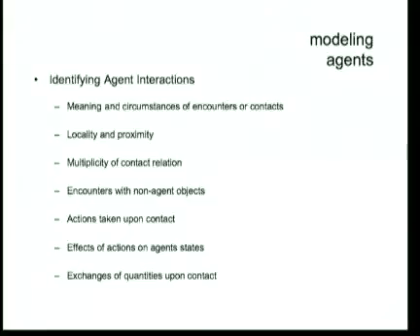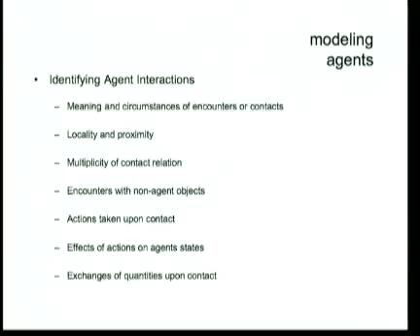As we stated last time, for large-scale systems, the actions are going to be asynchronous, not just for the reasons of scale, but also there's a notion of independence or autonomy of the agents as well. So you have to be a little careful when identifying agent interactions and modeling them as to how you're going to sample and update the states of the agents involved in the encounter.